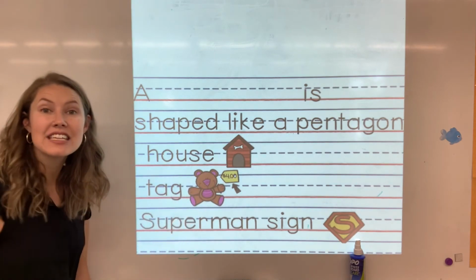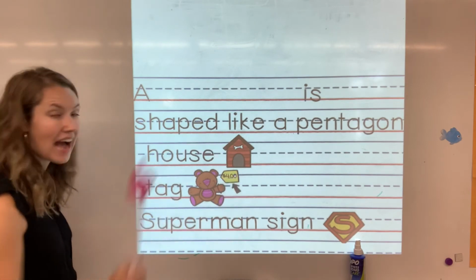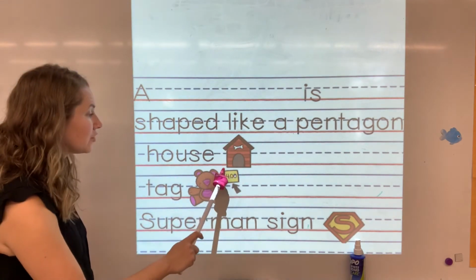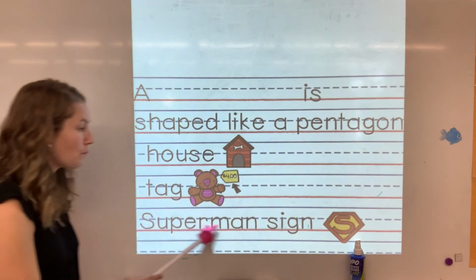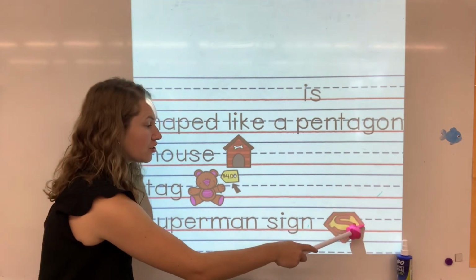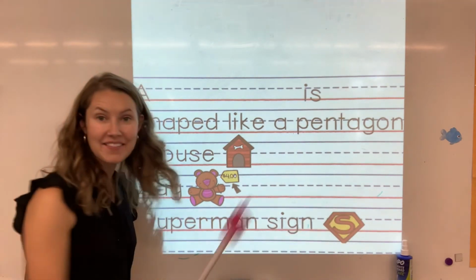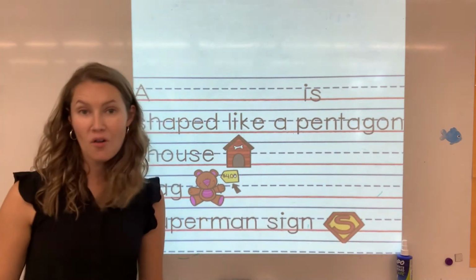Tag is shaped like a pentagon. 1, 2, 3, 4, 5 sides and 1, 2, 3, 4, 5 points. And the Superman sign is shaped like a pentagon. 1, 2, 3, 4, 5 sides and 1, 2, 3, 4, 5 points.